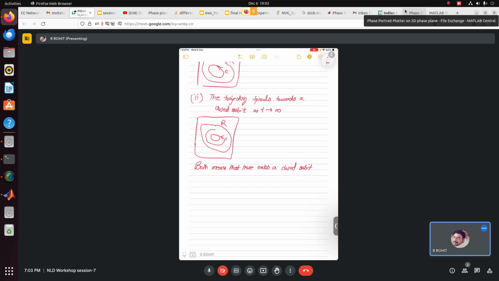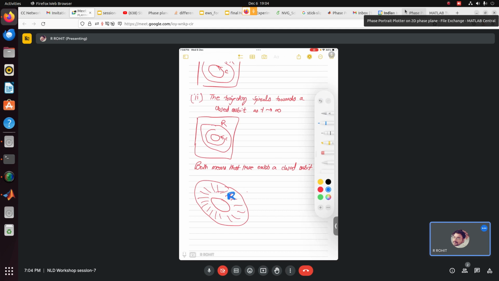But proving this, in a simple way, you take a region R as shown here, and since we are saying that there is a closed orbit inside the system, this is actually the region R which we are saying.